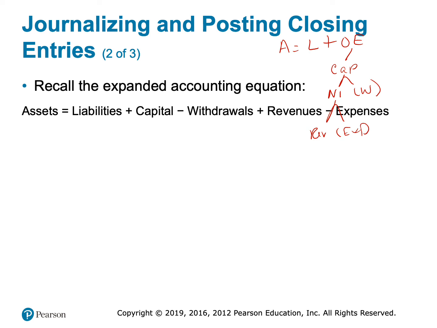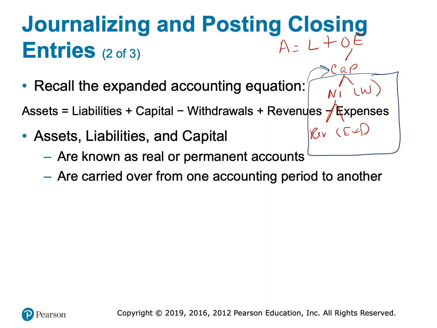So when we write it this way, we can see that everything that needs to go into the capital account needs to be closed out. So all of this stuff, everything that I'm ultimately going to put into the capital account, needs to be closed out or zeroed out.